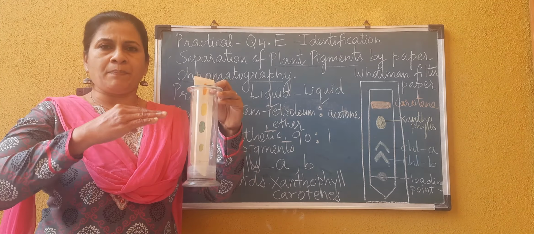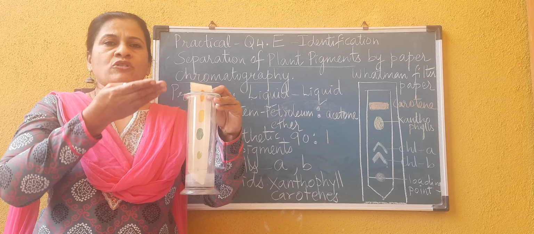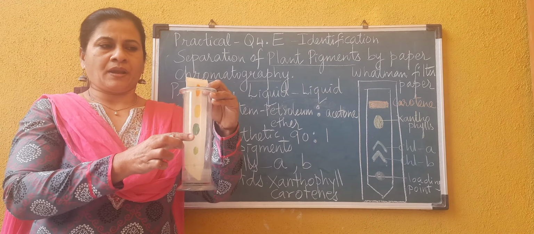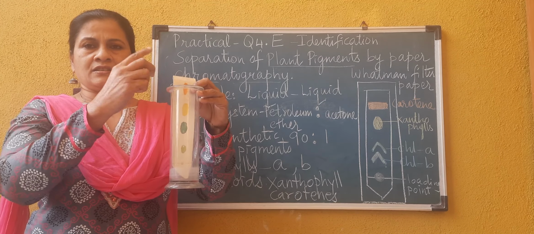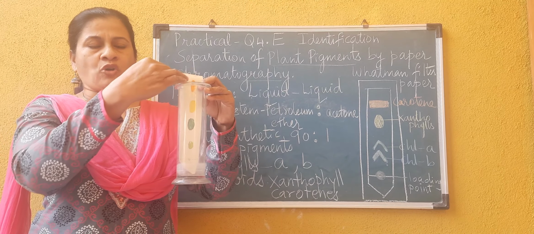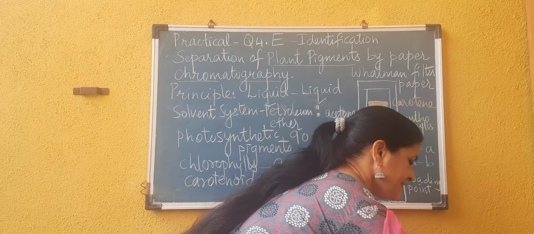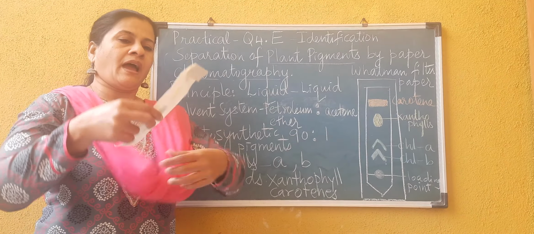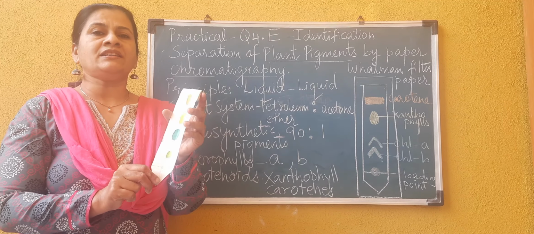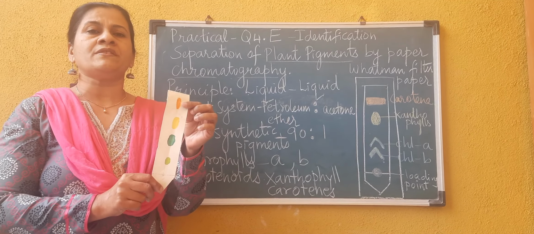In the solvent, photosynthetic pigments are dissolved, and as per their molecular weight, the photosynthetic pigments also travel on the paper. When the solvent reaches the top level, the paper is removed and dried, and the different bands of colors are observed on the paper.